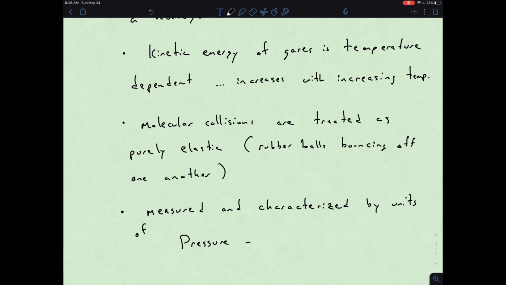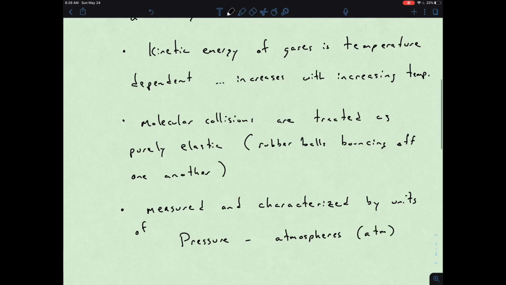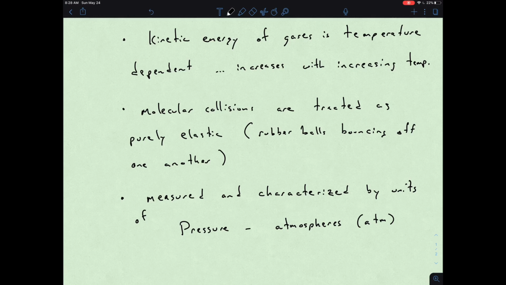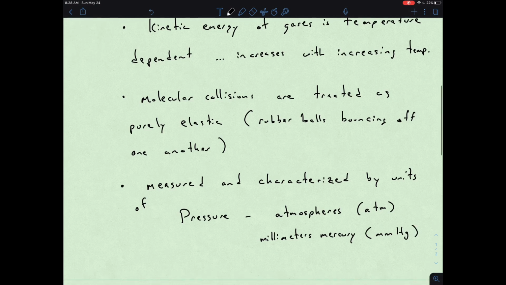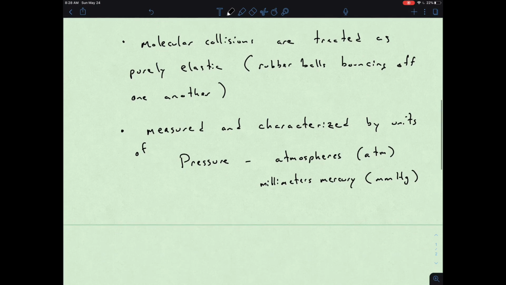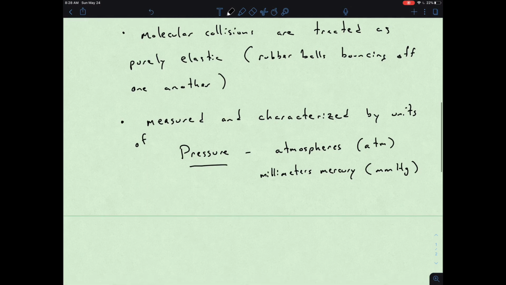We tend to see that in atmospheres, or we see that in millimeters of mercury. There are other units of pressure, but that's what we tend to see. We also have units of volume, and so we would be in terms of liters for that.